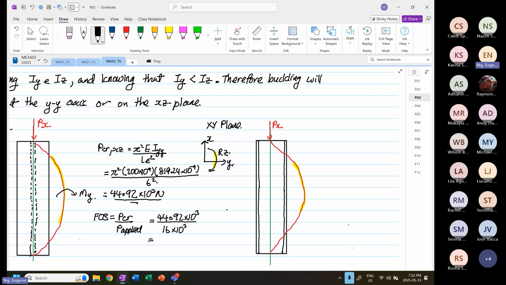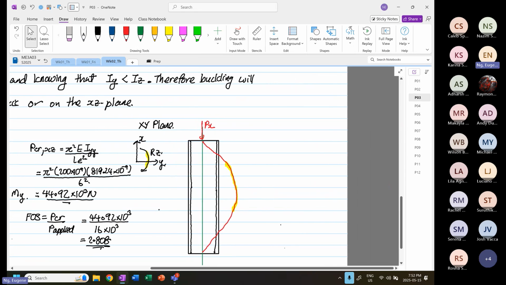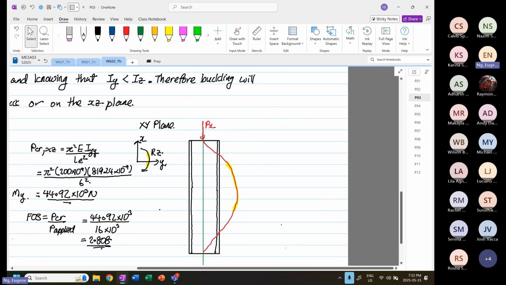This is equal to 2.808, the factor of safety.